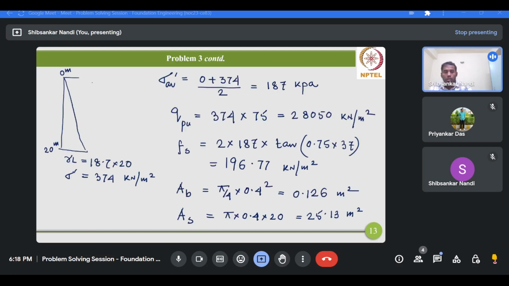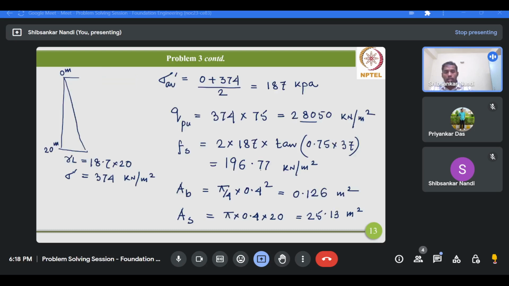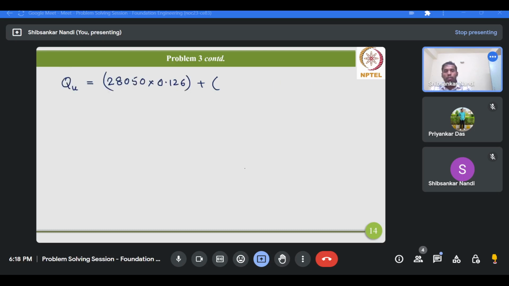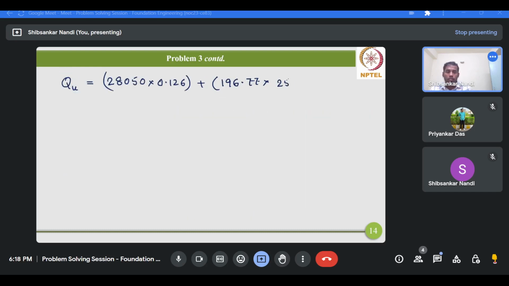So for the point bearing resistance, it will be 28050 multiplied by 0.126. And for the skin friction resistance, it will be 196.77 multiplied by the surface area, that is 25.13.